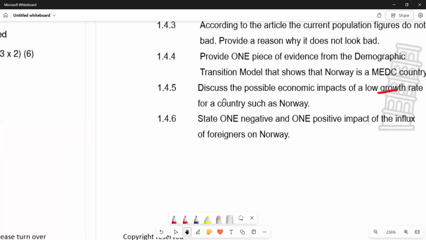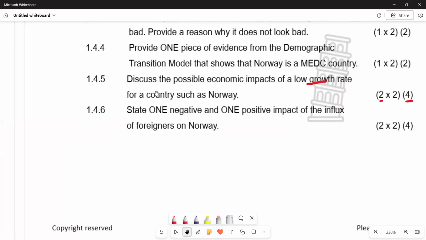It says state one negative and one positive impact of the influx of foreigners in Norway. We are talking about foreigners getting into Norway. What negative impact can we deduce from that, and what positive can we deduce from that?